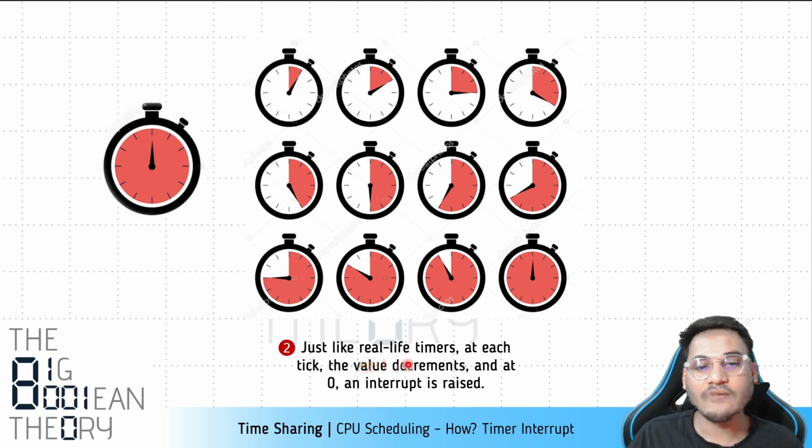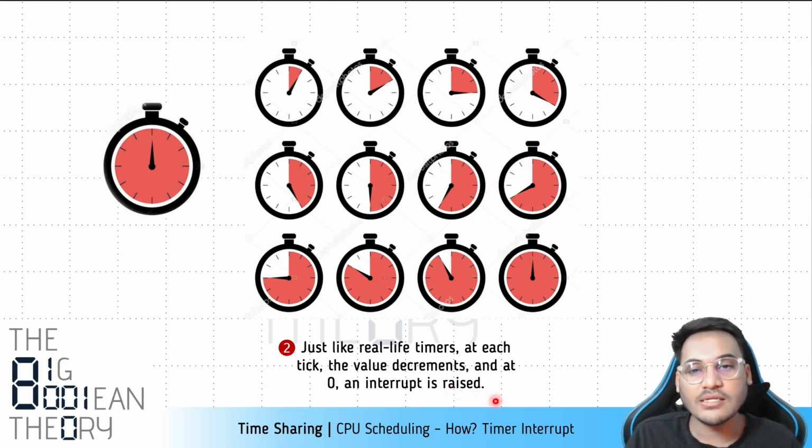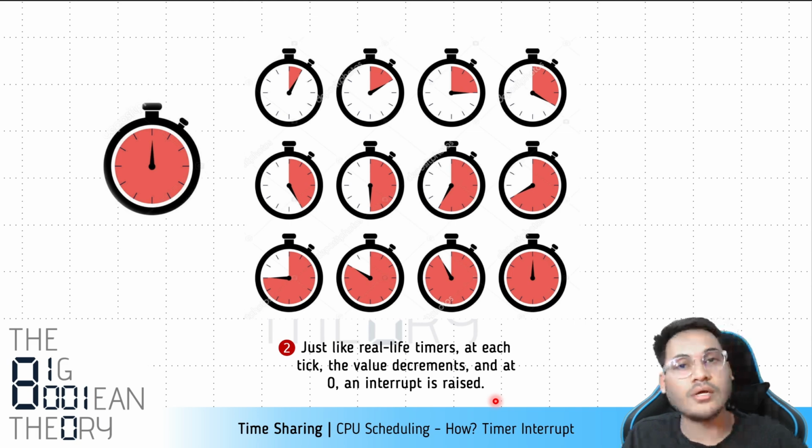So just like a real life timer, at each clock tick, the value decrements, and at zero, an interrupt is raised. So let's say inside the computer, we are setting the timer for 500 milliseconds. So at each millisecond, the timer will decrement itself. After 500 clock ticks, the value of the counter, so the timer is in the form of a counter, will become zero, and an interrupt will be raised.